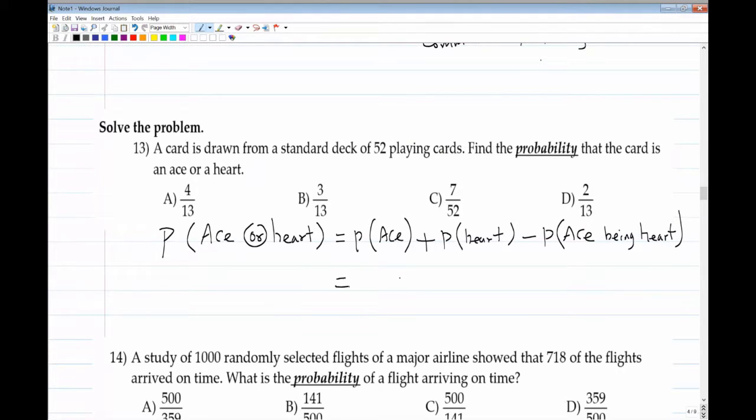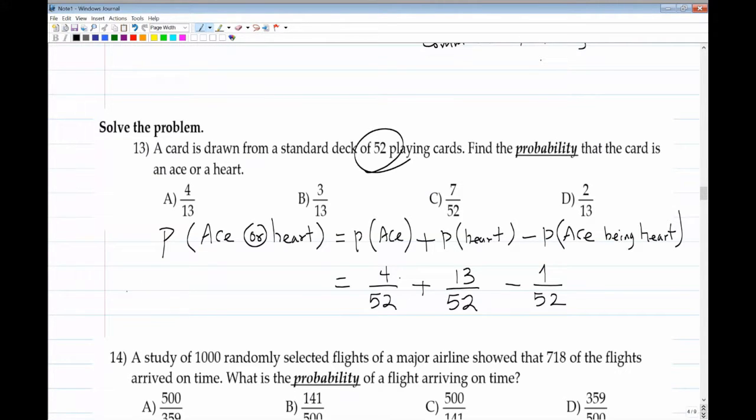So we ask, how many aces are there in the deck? We have actually 4 aces out of 52. How many hearts are there in the deck? There are 13 hearts out of 52 cards, because that's the total number of cards in the deck. We have 1 ace which is a heart, so we have to subtract the common element.